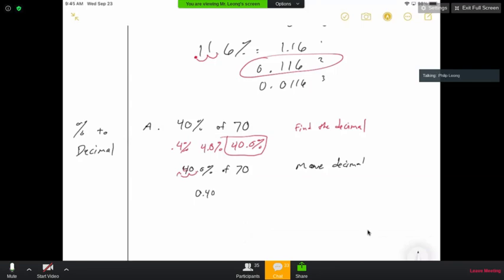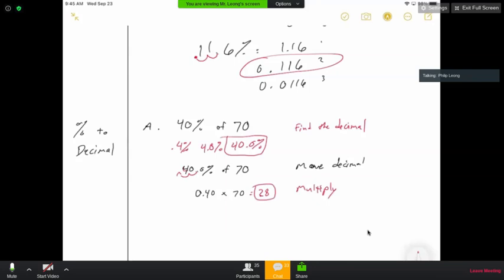And the word of means multiplication. So then we multiply. Go ahead and multiply that 0.40 times 70, and you get 28.